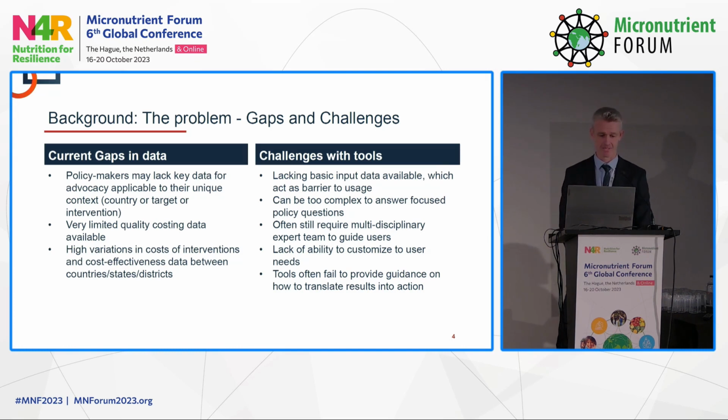There's also very limited quality costing data available related to nutrition and health. As well, there's high variation in costs, interventions and cost effectiveness between geographies to begin with. So we need to develop methodologies and tools that are easy enough for decision makers to use and that account for this.